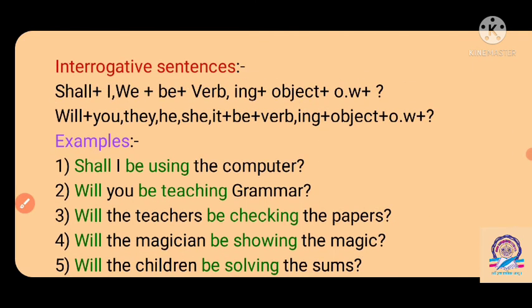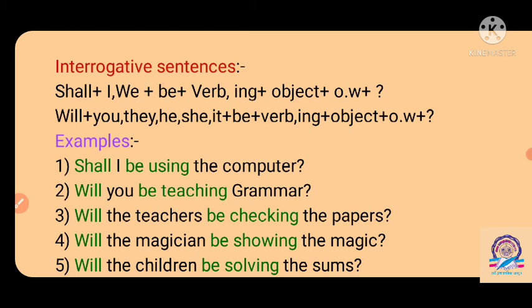So in short we can say that the future continuous tense shows the work that will be continuing in a future time, at a certain time. Tense means time, we know that, and whatever change occurs we have to make the change in the verb. Without a verb we cannot make any sentence.